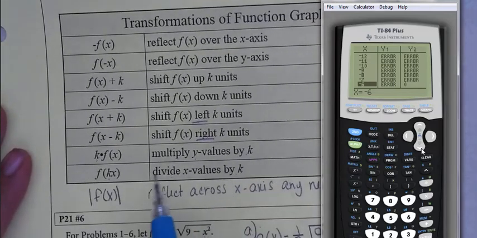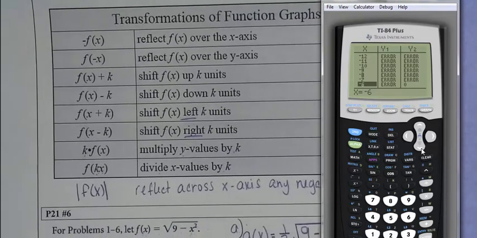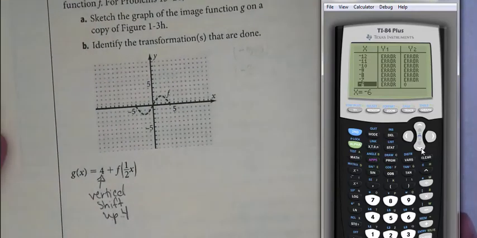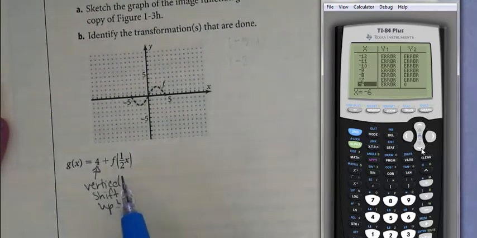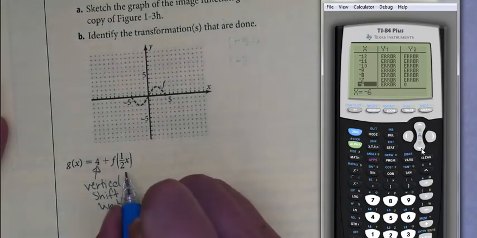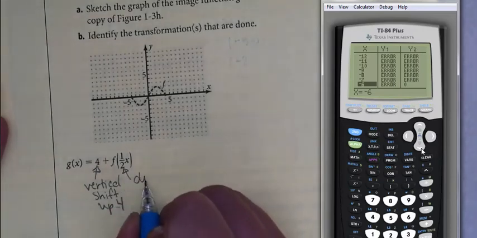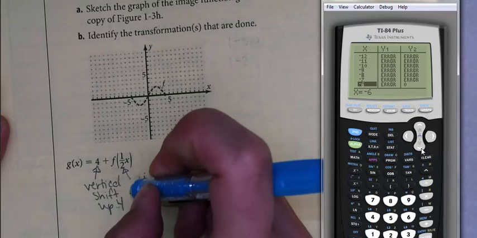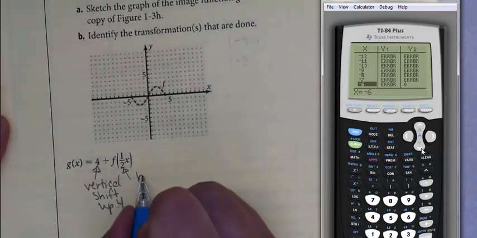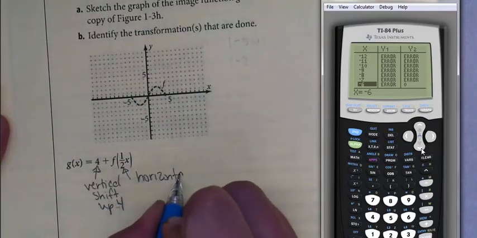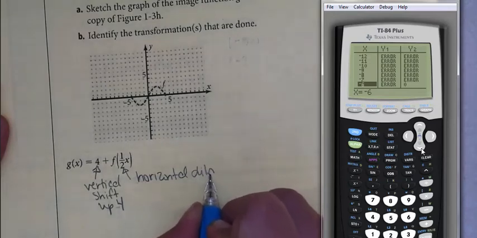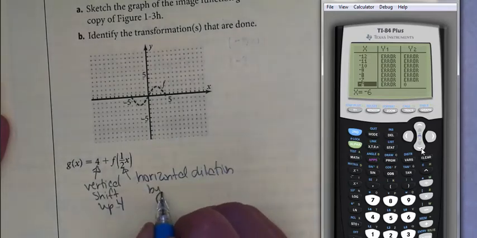That inside k happening to my input tells me that I'm going to divide my x values by k. So I'm going to divide all my x values by 1/2. Now dividing something by 1/2 is really the same thing as multiplying by 2. So that tells me that I've got a horizontal dilation by a factor of 2.